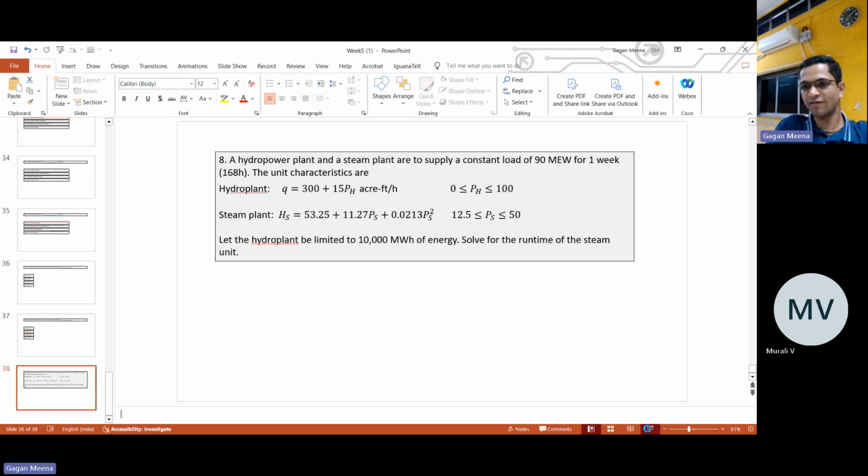Do you know any such country where hydropower is quite large and a very significant amount of demand is met by hydropower?